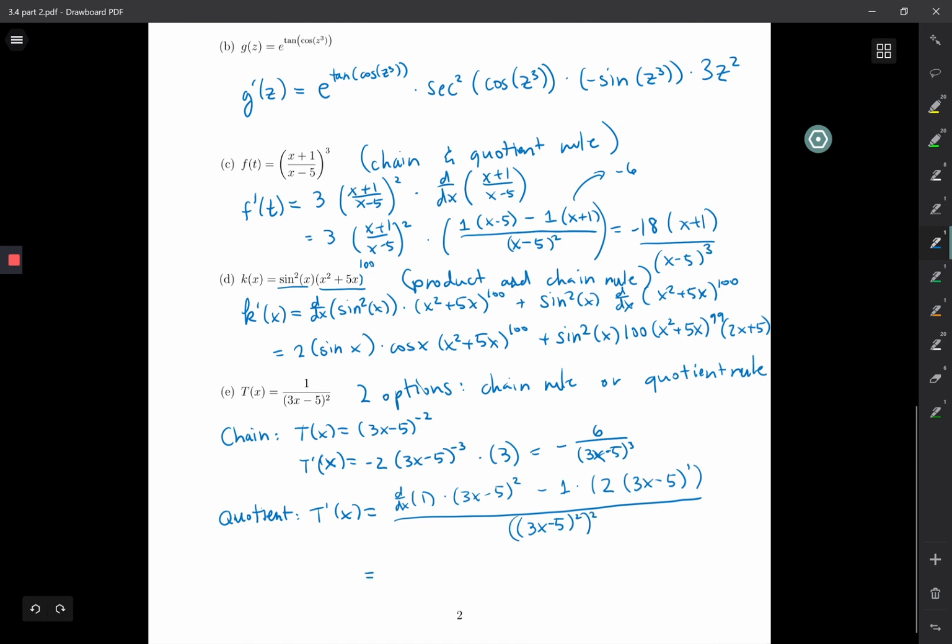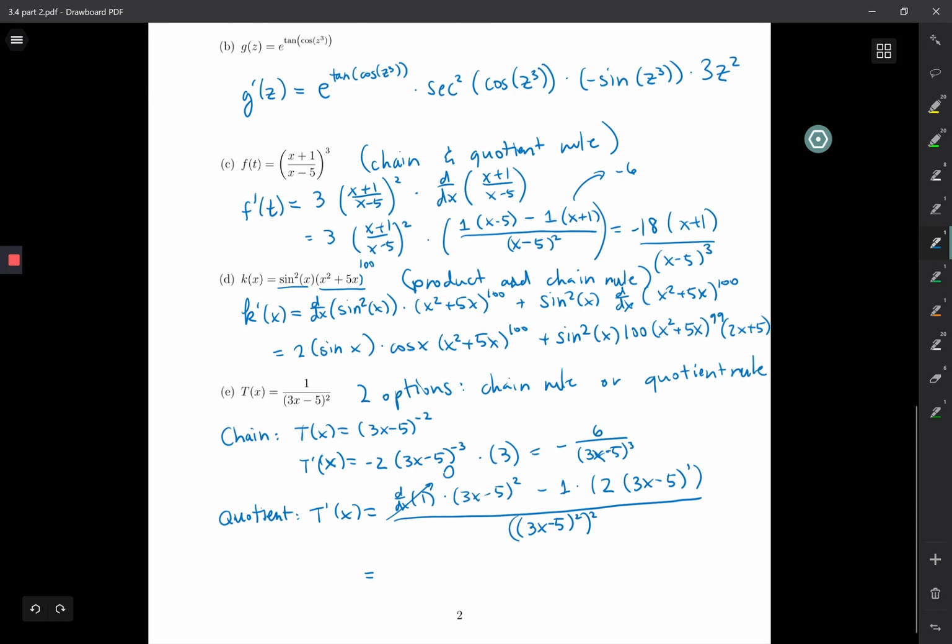Okay, so we can do some simplification. Remember, this is just 0, so this whole term is going to disappear, right? And then we'll be left with negative 2 times (3x minus 5) over, if we combine these exponents on the 3x minus 5 in the denominator, we get (3x minus 5) cubed. Oh, looks like I forgot, yeah. So we should definitely get the same answer.